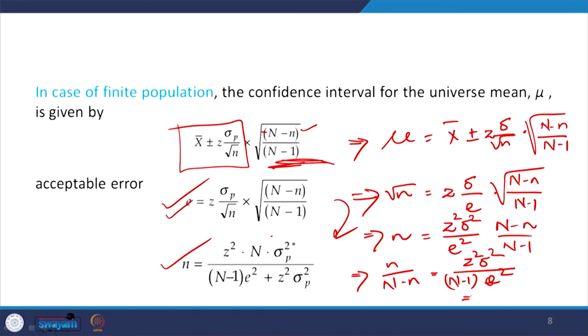So the next step would be n is equal to, so n times of this, I am just multiplying this, and minus small n times of this, and this is here. Now, you take small n to the left hand side and start solving it, you will certainly get the final equation, z square times capital N multiplied by this, and this is the final equation. Once we have defined the correct n when the finite population is there, we are able to solve many problems.